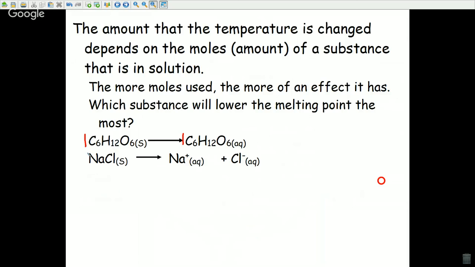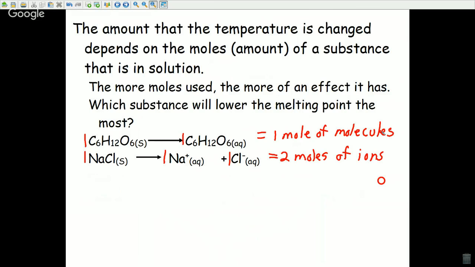But if you dissolve sodium chloride, 1 mole of sodium chloride will end up producing 2 moles of ions. So because you get twice as much stuff, it's going to lower the temperature twice as much. So when it comes to colligative properties, it really doesn't have to do with what the stuff is. It's just how much of it there is.